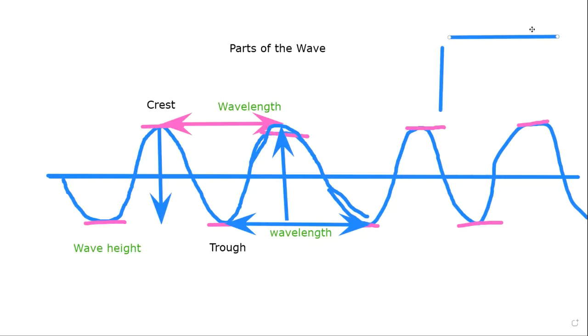If you might have covered this topic in science as well, then you might have learned that this part will be called the amplitude, that is from this mean level to the crest or the mean level to the trough. This will be called amplitude. But currently, as I already mentioned before, we are not referring to the scientific concepts.